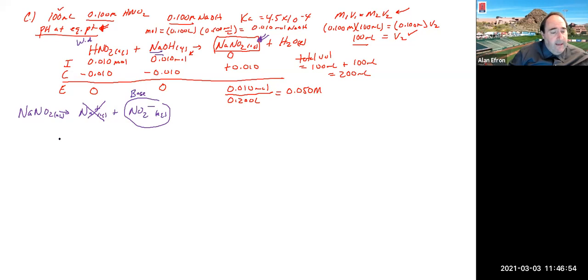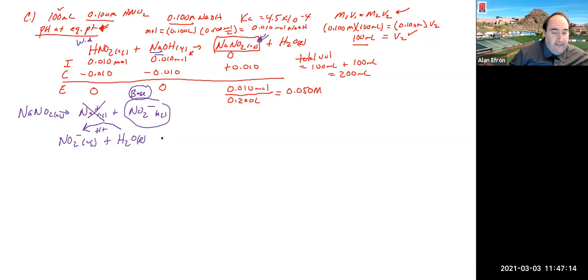We would expect a hydrolysis reaction to occur between this part of the salt and water. And again, because it came from a weak acid, it's going to act as a base, not to mention the fact it doesn't have a hydrogen, so it can't give one. So it's got to receive one here.